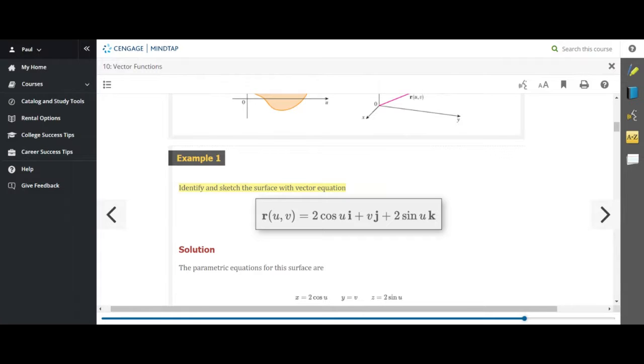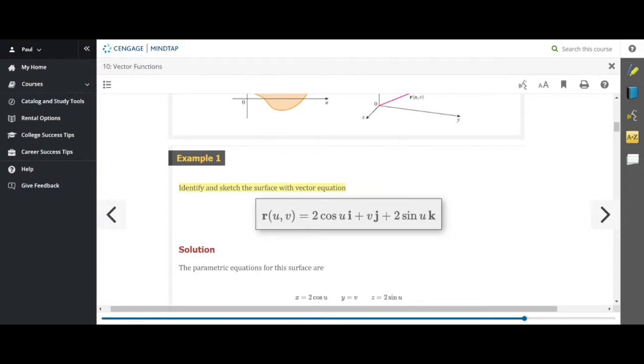Look at your components. You have 2 cosine of u as your x component, the y component equals v, and the z component is 2 times the sine of u.